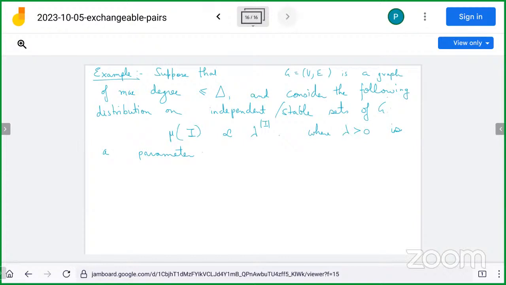So let's think, suppose lambda equals 1, uniform distribution, something like that. What's the most natural thing? You have a vertex.